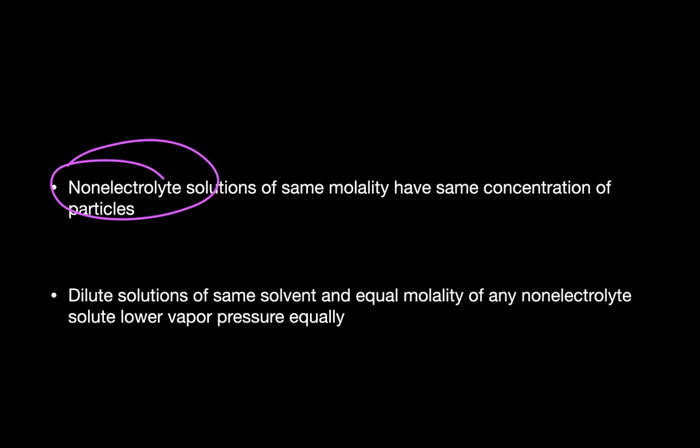Dilute solutions of the same solvent and equal molality of any non-electrolyte solution lower the vapor pressure equally. What that means is you can measure the amount of decrease in vapor pressure according to the molal concentration.